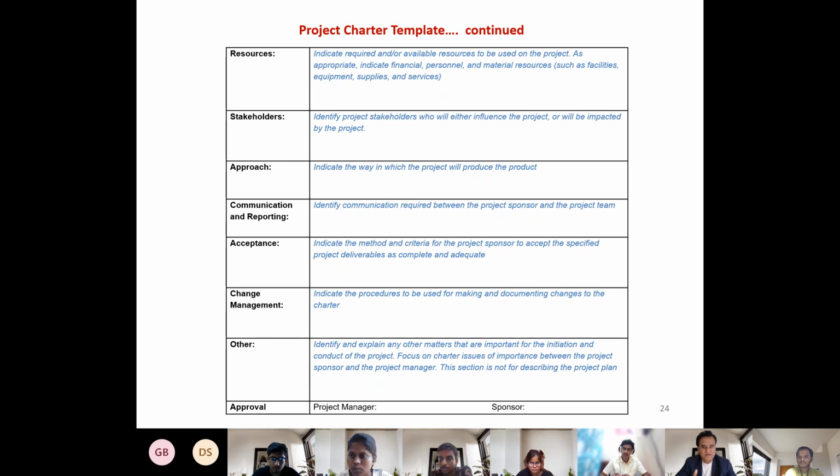Fantastic. Jaya has already mentioned two critical points. One is research. Instead of research, I'll use the word evaluate.